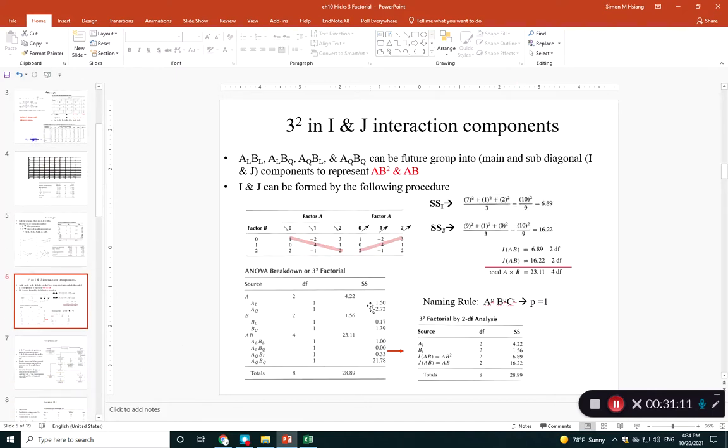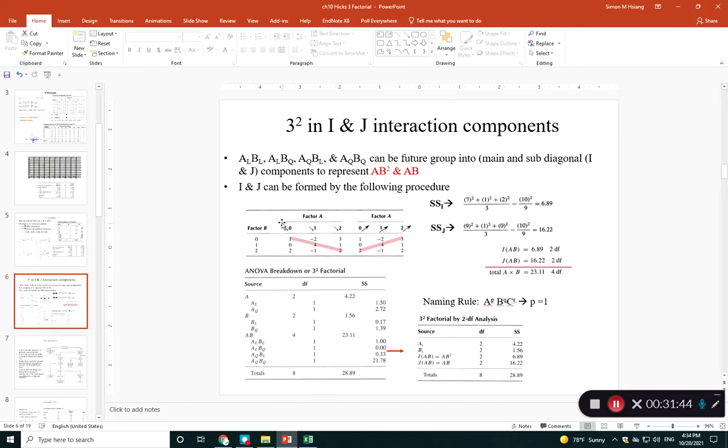Next. Sometimes this is beyond the scope of what you're going to use much in your class or your term project. But if you go to graduate school, we have the so-called I sum of squares and J sum of squares. Basically, you just have the main diagonal measurement.